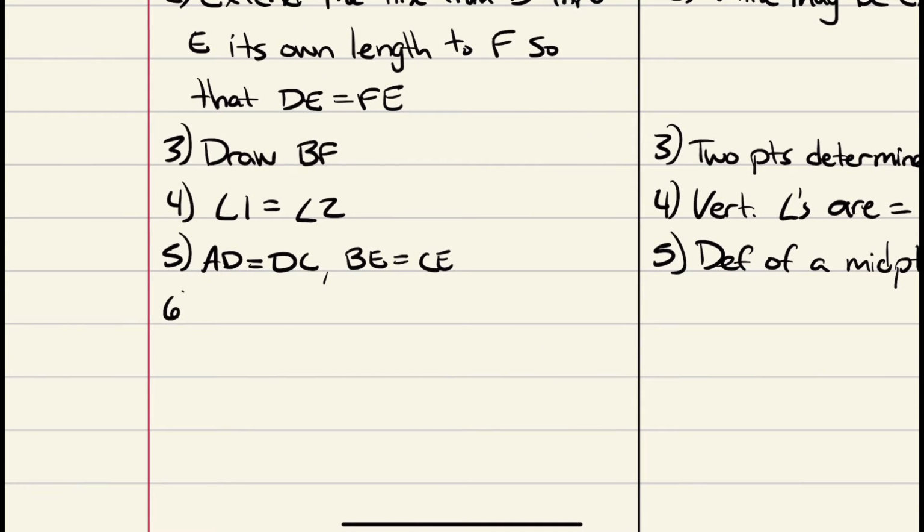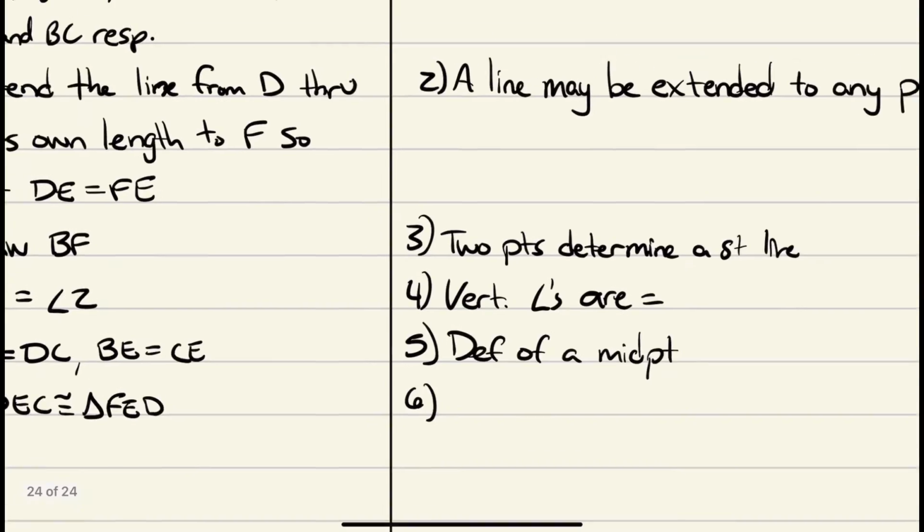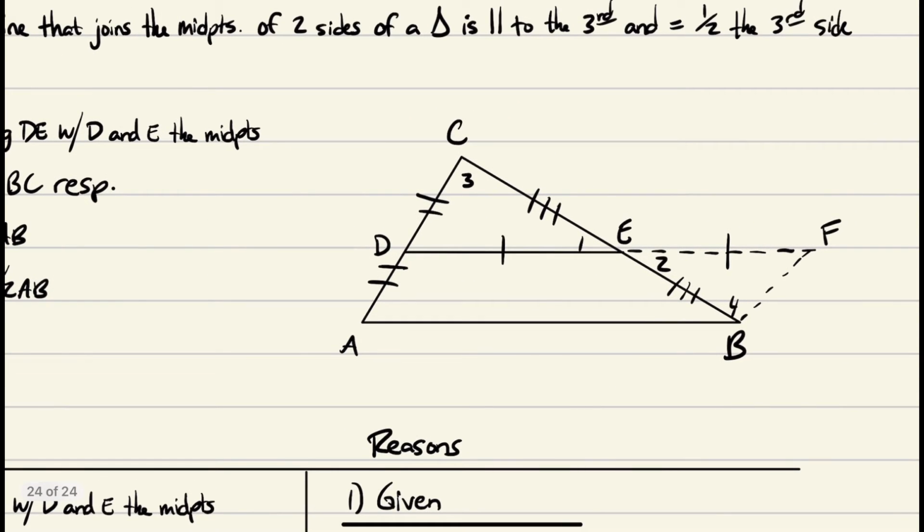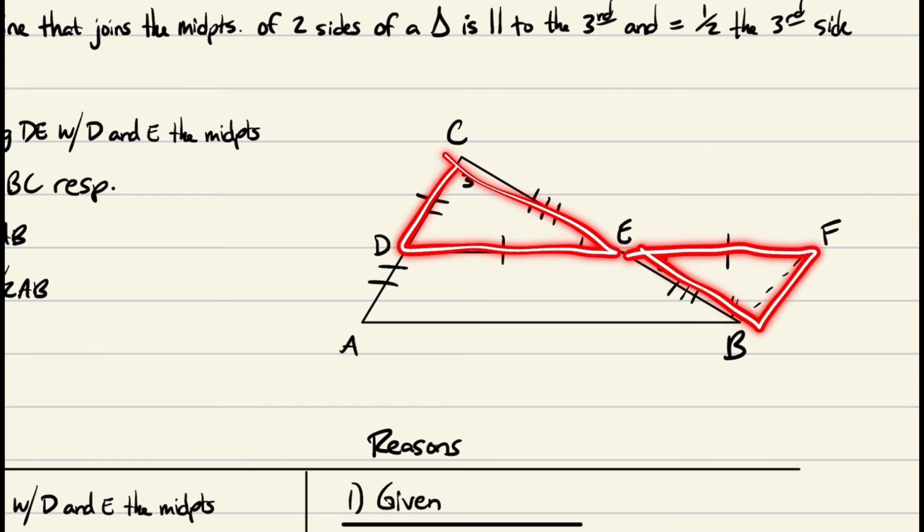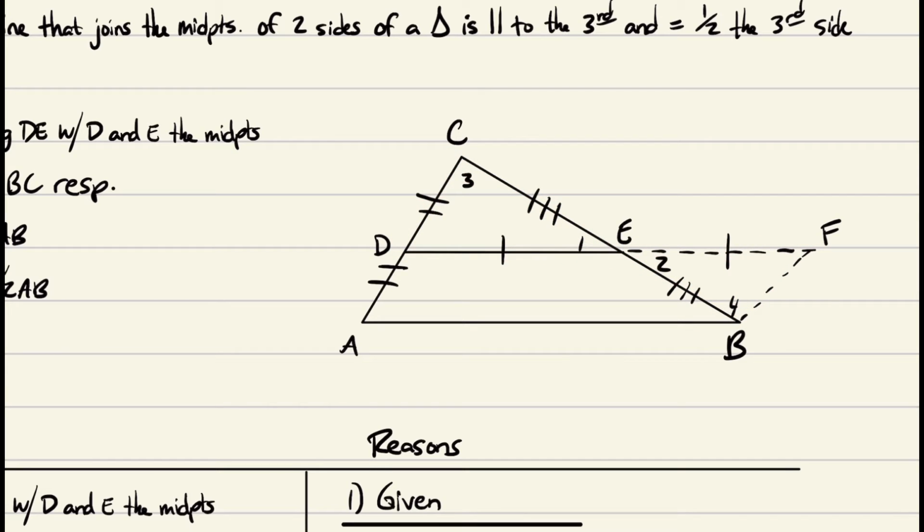Pretty simple there. Number 6, we can now say that triangle DEC is congruent to triangle FEB. Let's look at why we can say that these two triangles are congruent. We have enough information. We said that this side of this triangle is equal to that side because of the definition of a midpoint.